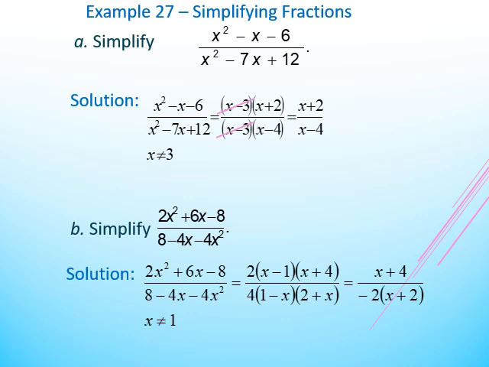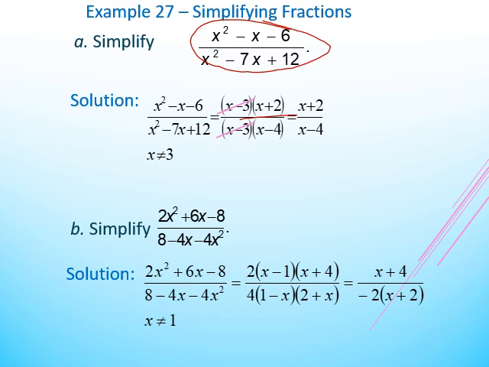Example 27, simplifying fractions. When we have this fraction and we want to simplify it, we should first factor it into two brackets to make it simpler. If we convert x squared minus x minus 6 into this form by using the rule in the previous section, we get x squared minus x minus 6 equal to x minus 3 times x plus 2.